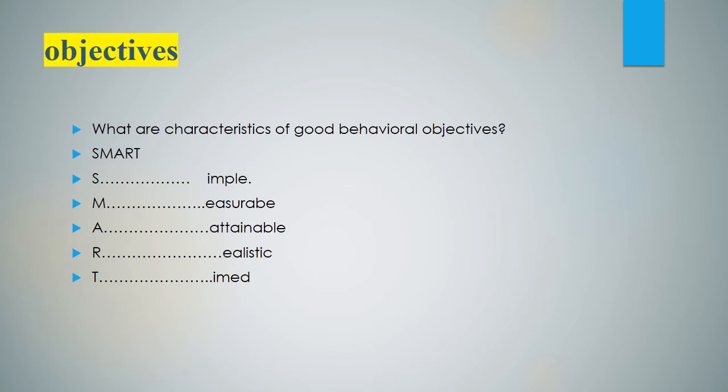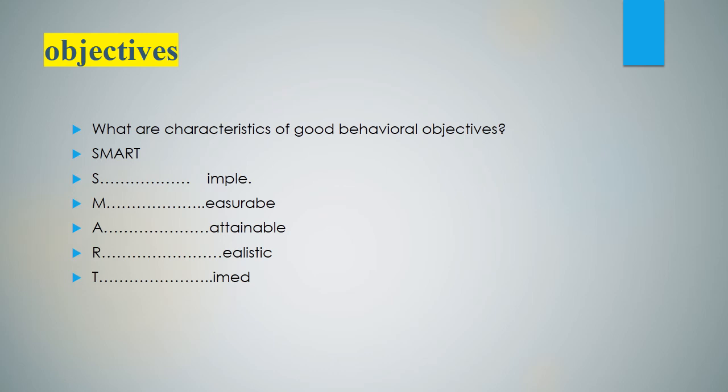What do we mean by simple? Simple means not complicated. For example, we have just one verb in our objective, not more than one. Measurable means we can measure the action itself.